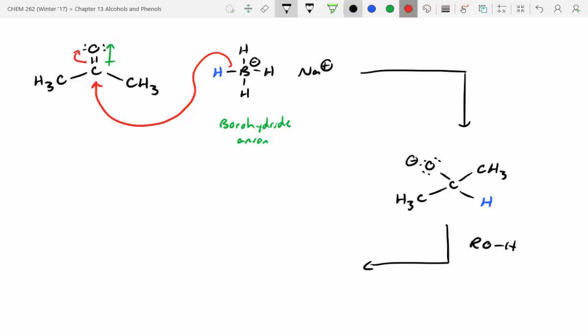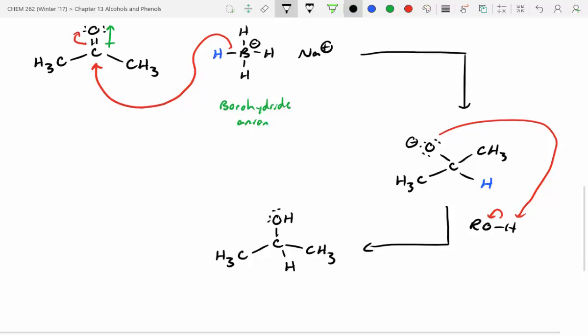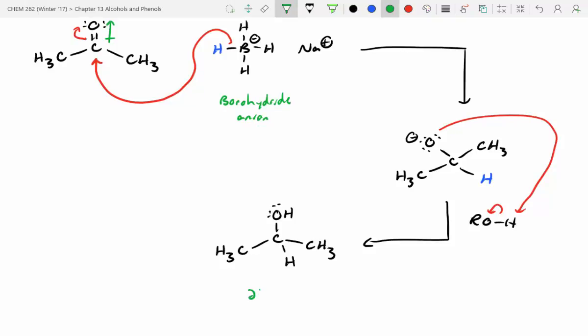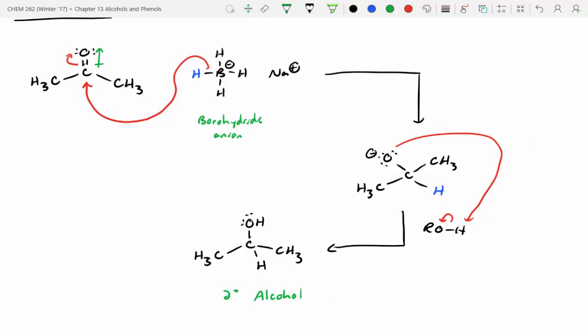So this alkoxide is just going to steal a proton from the solvent, and we're going to end up forming our secondary alcohol. Does that make sense? It's a pretty simple reaction. It's pretty easy to keep track of.